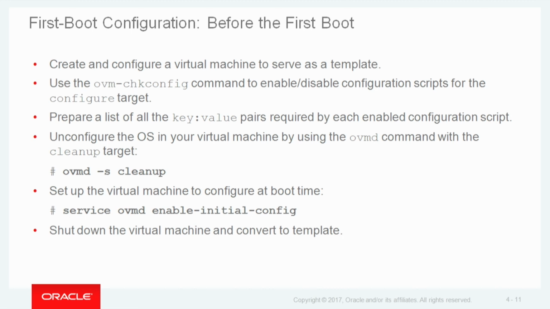Well, typically after you create a virtual machine, you need to prepare and configure it so that you can, after that, create a template based on this virtual machine. So before the first boot, these are the recommended steps. You need to create and configure a virtual machine to serve as a template.